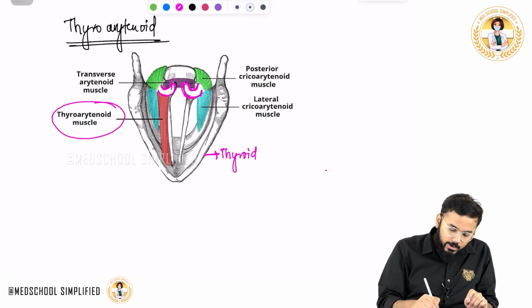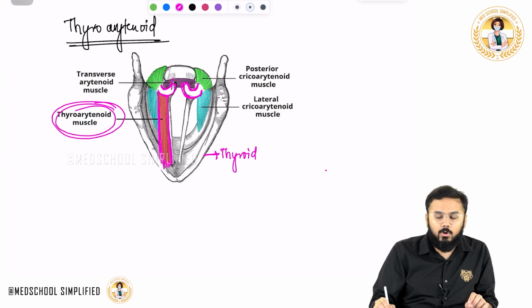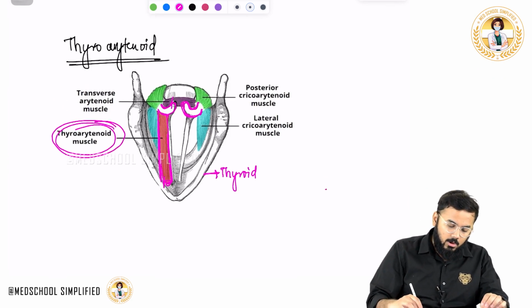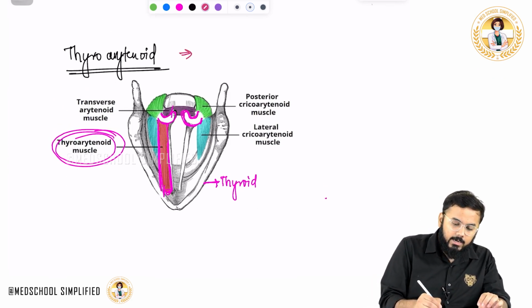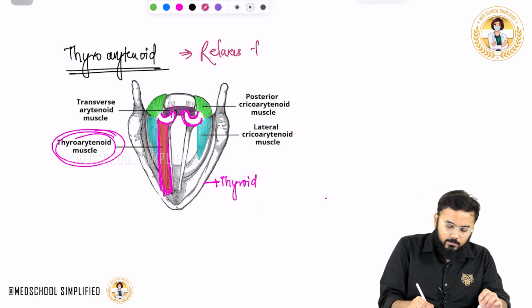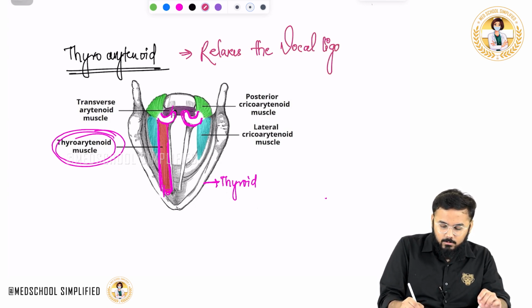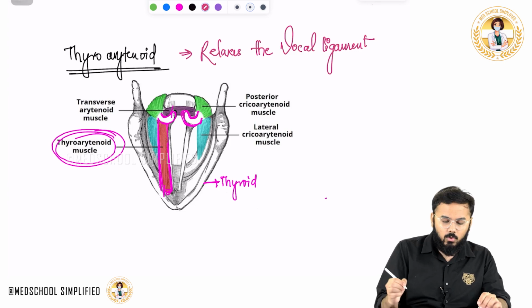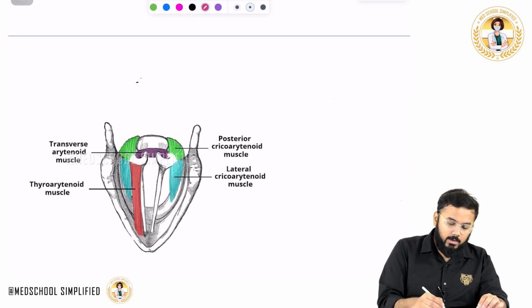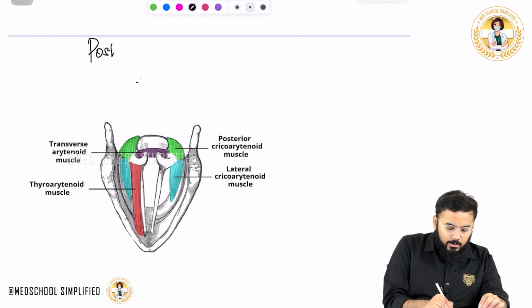From the arytenoid to the thyroid you see this muscle, which is called the thyroarytenoid muscle. The use of the thyroarytenoid is that it relaxes the vocal ligament.